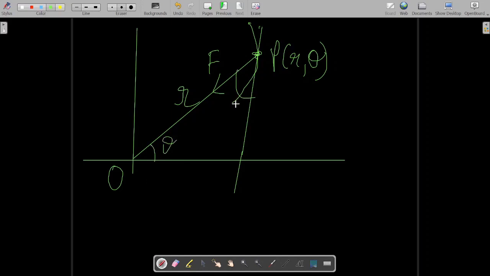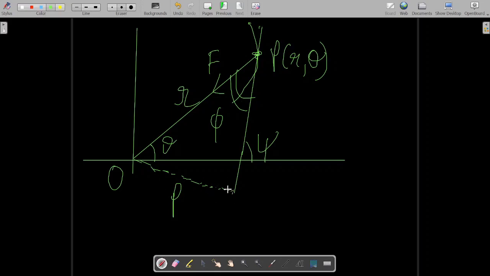This angle is your phi, and this is your psi. This is your perpendicular P from O to this tangent.